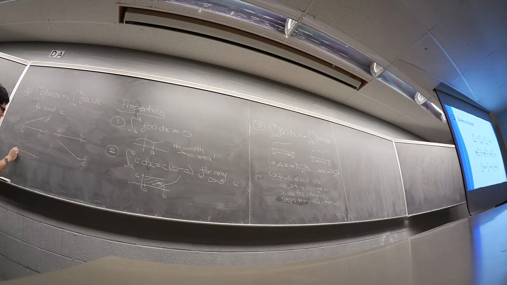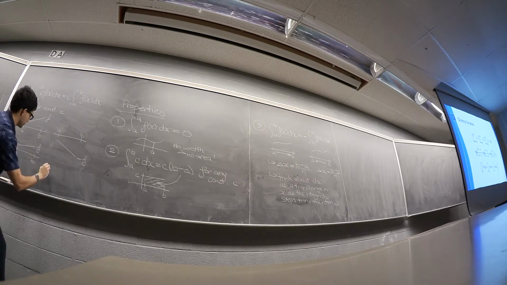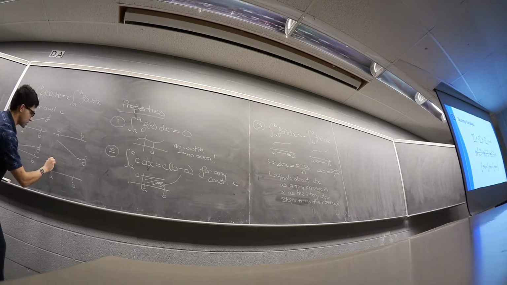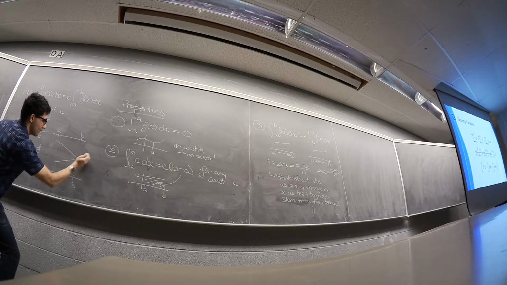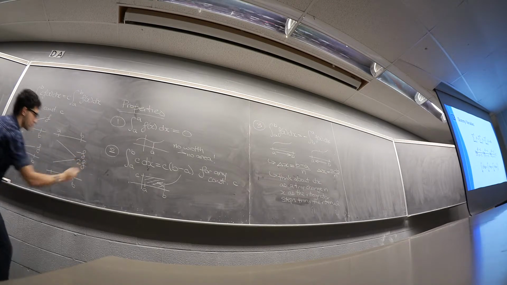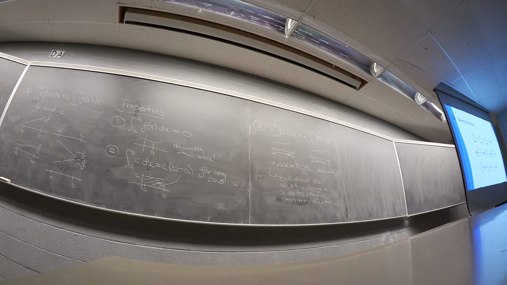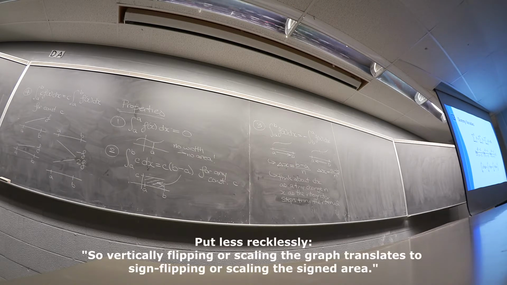Also, as we scale the function, so if that's f, let's say that's 2f, we also scale the area. Does that make sense? So vertical flips or scalings of the function result in exactly the same result in the area, or the signed area.